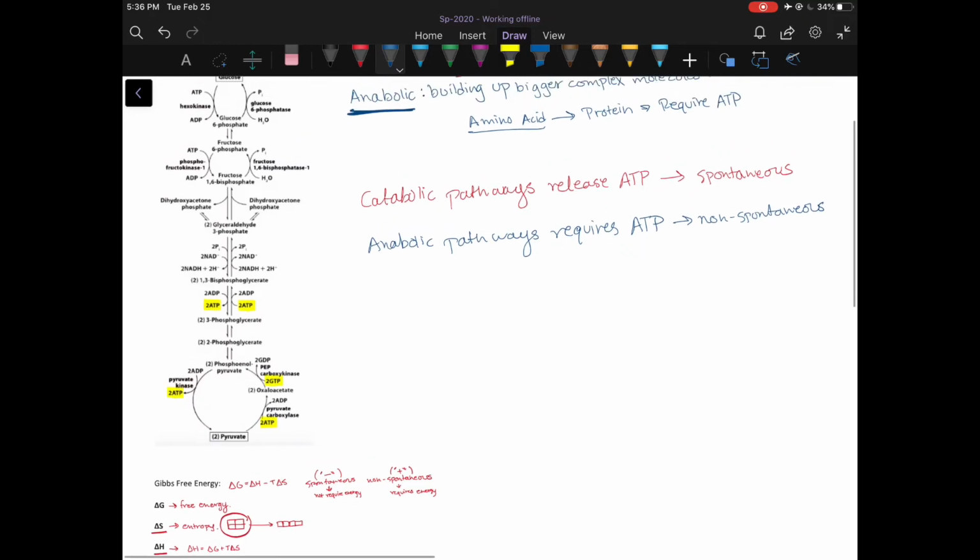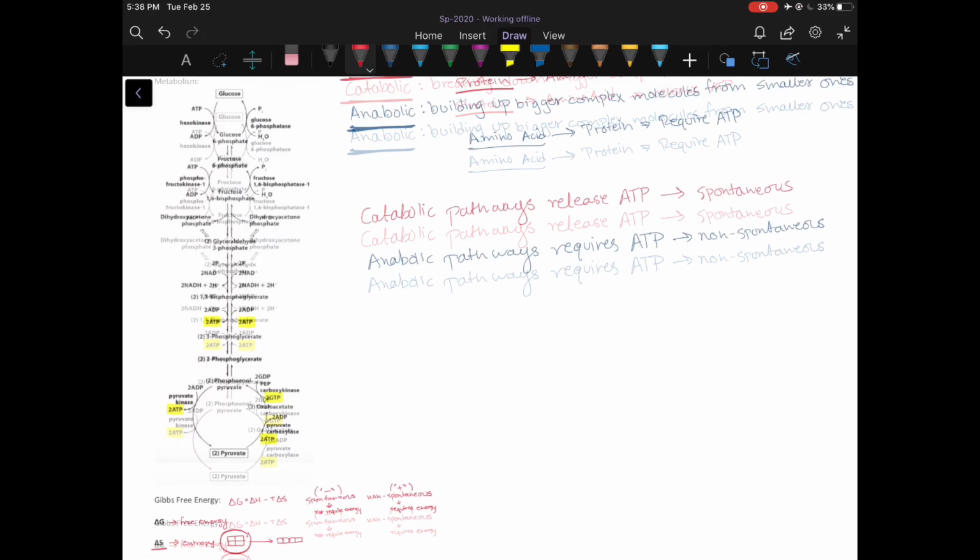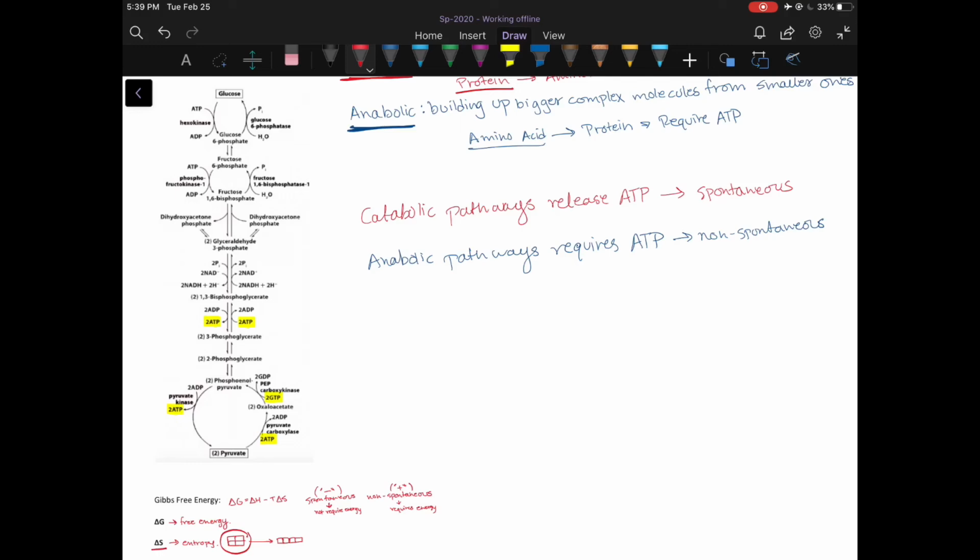And we can do this using the equation as well. So for catabolic pathways, we can use delta G equals delta H minus T delta S to determine if it's spontaneous or not. Same for anabolic pathways, but we'll just do catabolic here, and then anabolic pathways, you can probably figure that out.